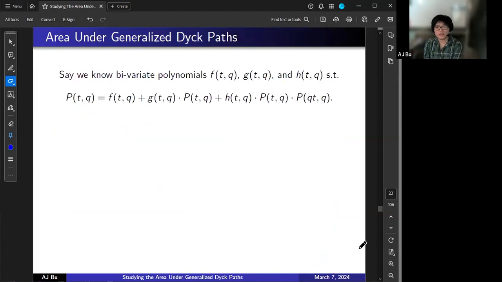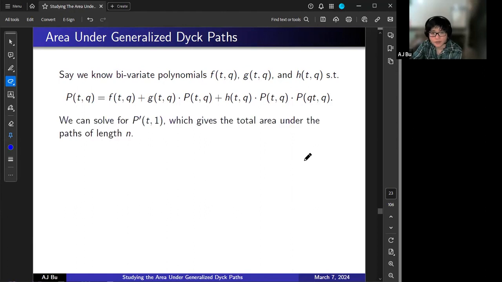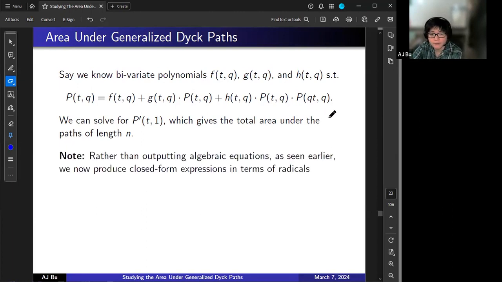Okay, so now let's say that we have the equation P of tq equals F of tq plus G of tq times P of tq plus H of tq times P of tq times P of qtq. And we're given what the F, G, and H are. So we can solve for P prime of t1, which is, again, going to give us the total area under the paths of length n.